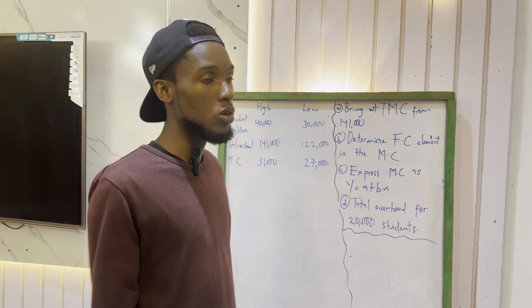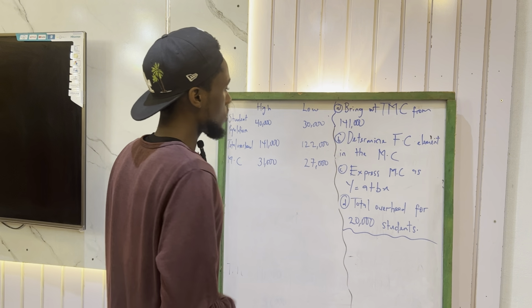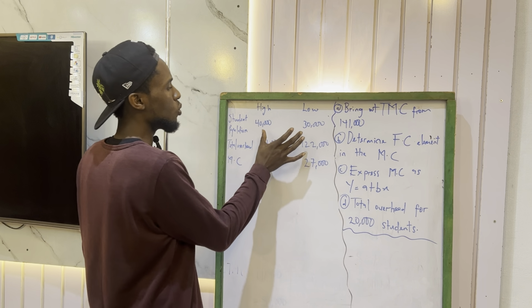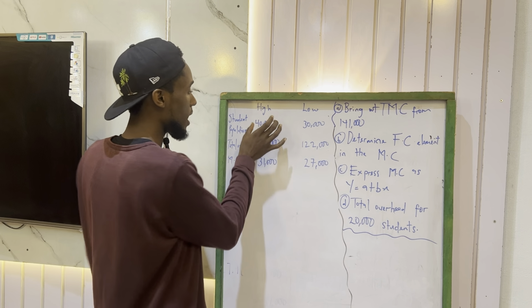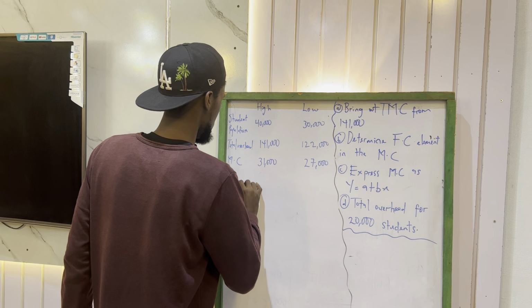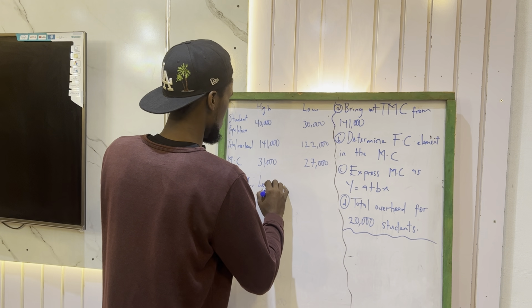Now that's where the procedure comes into play. The procedure in the high-low method requires that, first thing first, we look for the difference between the high level of output and the low level of output. So step one, level of output difference.